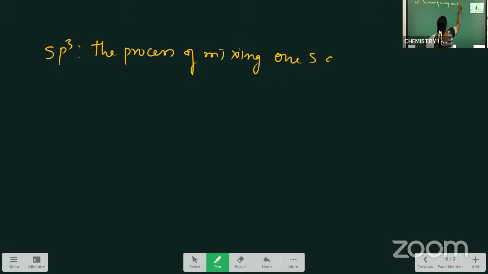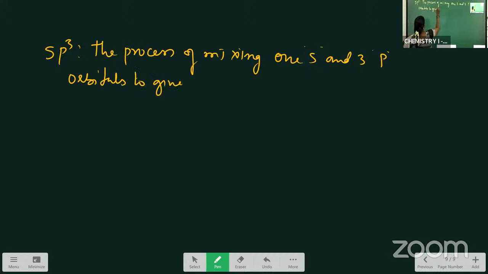The next is sp3 hybridization. The process of mixing 1s and kitne p? 3 p orbitals. 3 p orbitals to give kitne total? 1 plus 3, 4. To give 4 sp3 hybridized orbitals.